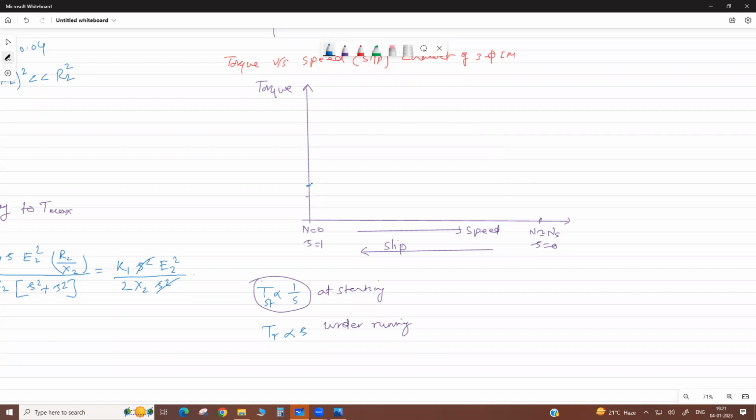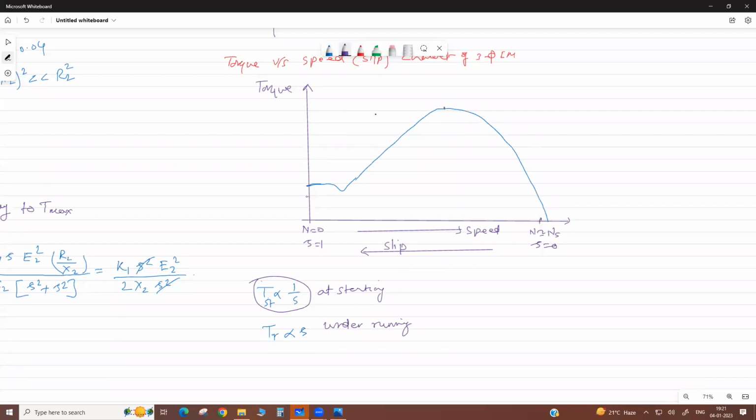This is your starting torque. Suppose it starts from here, then there is a dip, then it increases and reaches the maximum, then it reduces. Like this, okay? So this is the torque versus speed characteristic.